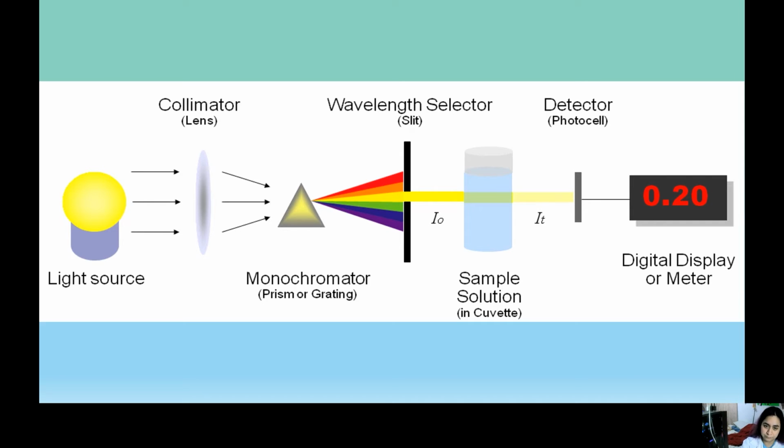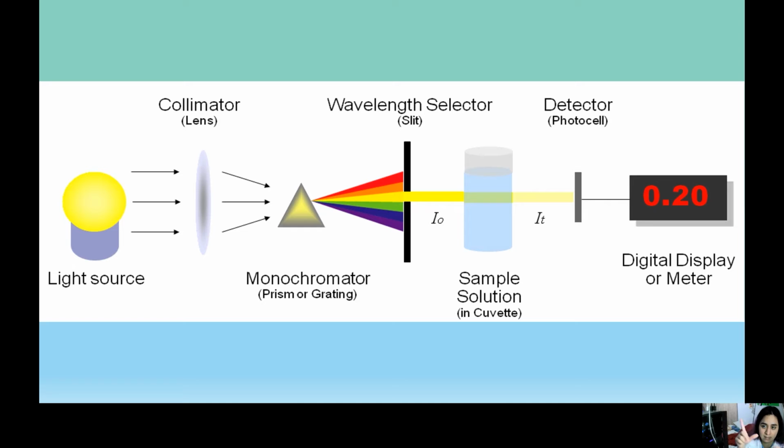First, the light source is going to provide the range of wavelengths we need. The collimator, or the lenses, are going to transmit a straight beam of light that is going to pass through the prism. This prism is going to split the beam of light into wavelengths.